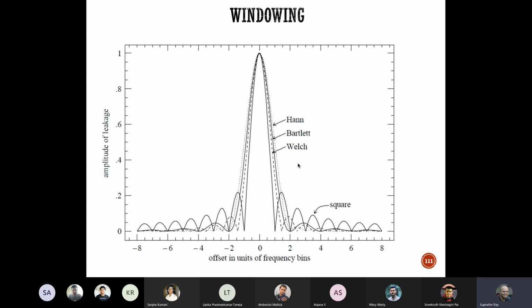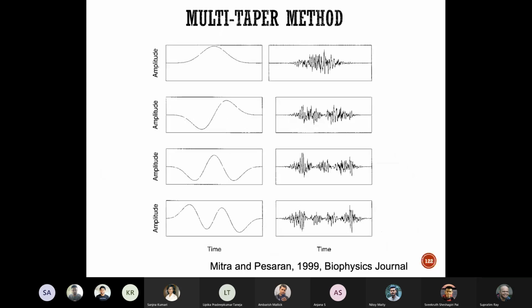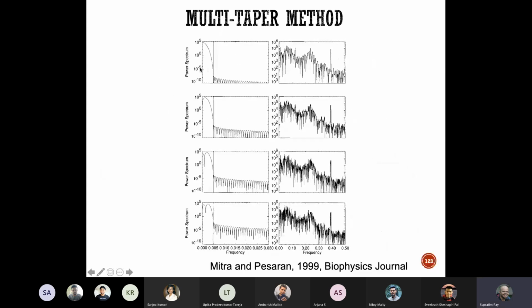I'm saying that I'm going to work with a window which has a width which is thrice as large as the best I can do. But if I use a window like that, turns out I can have multiple windows that are orthogonal to each other, each having this wide width of the main lobe.